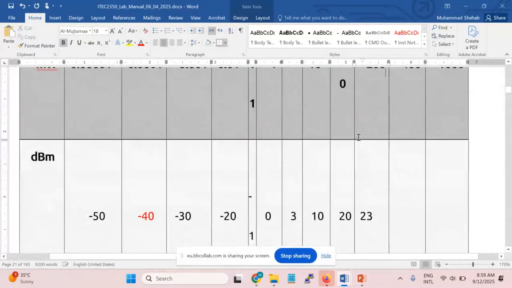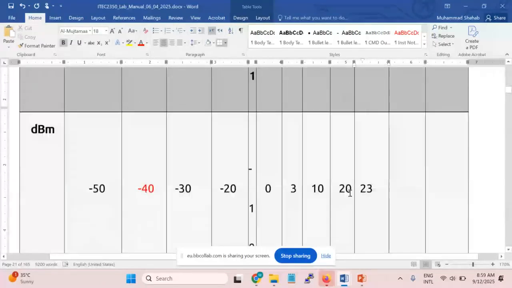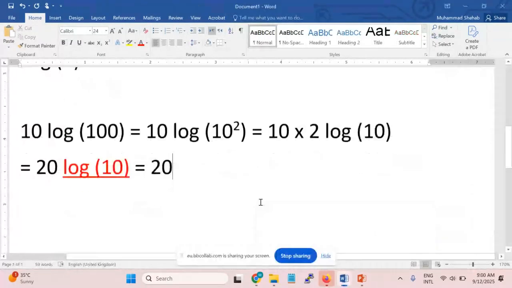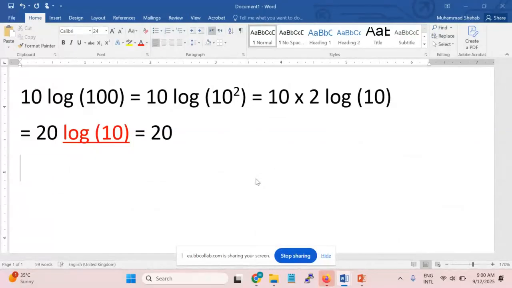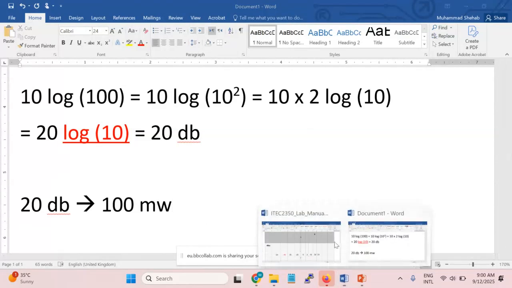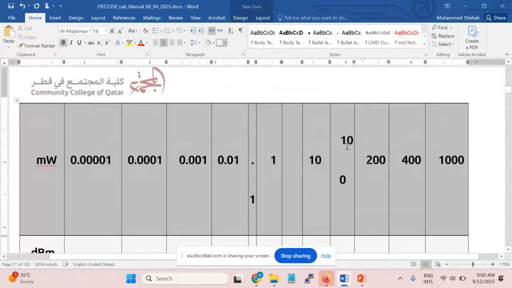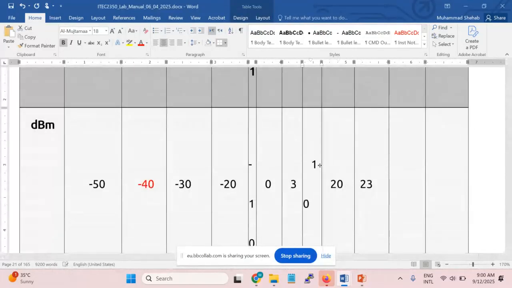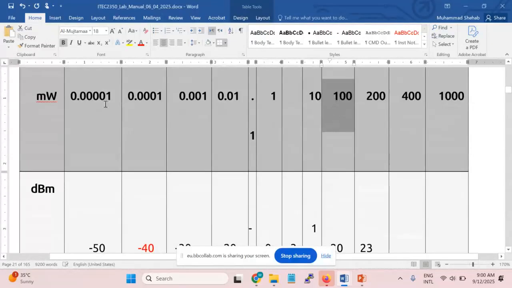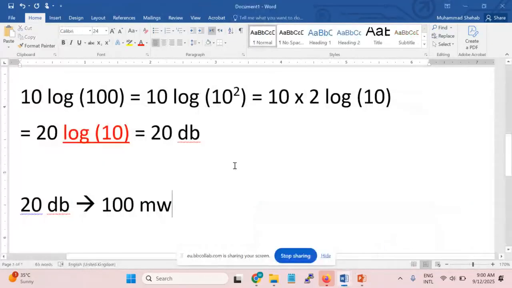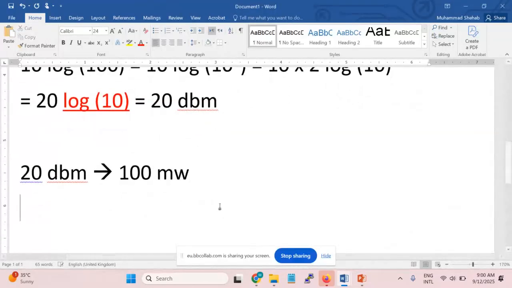Yes. I will tell you. If 20 dBm gave me 100 milliwatt, right? 100 milliwatt equals 20 dBm. So how much is 23 dBm?